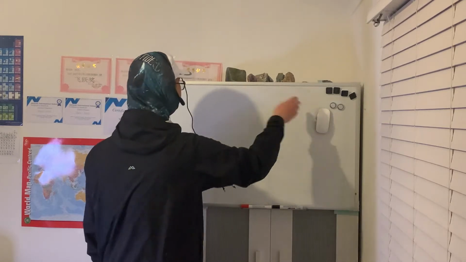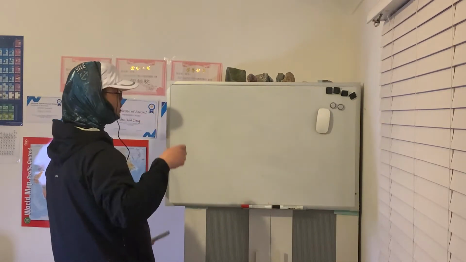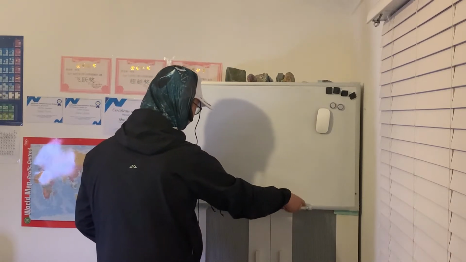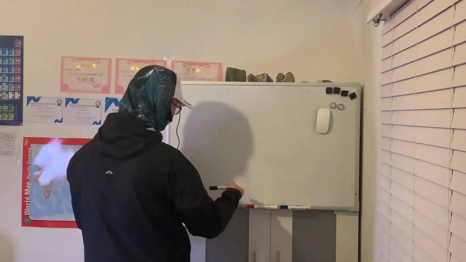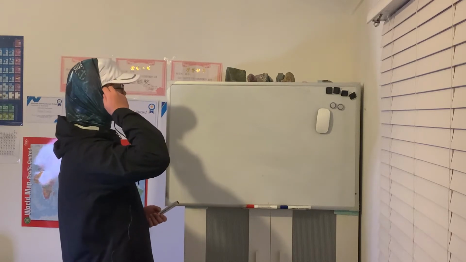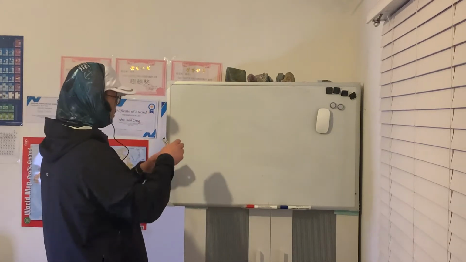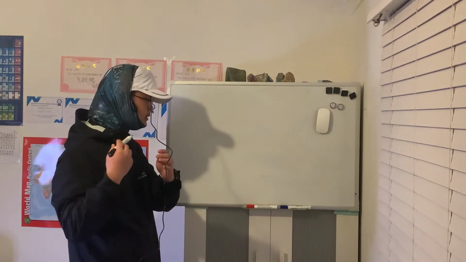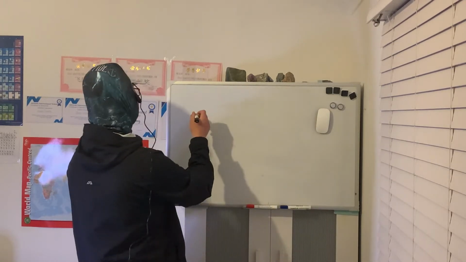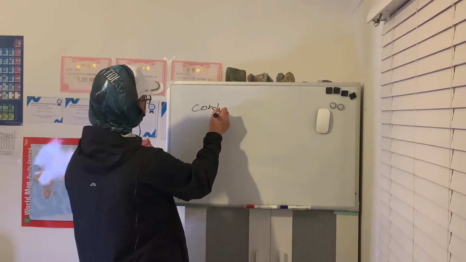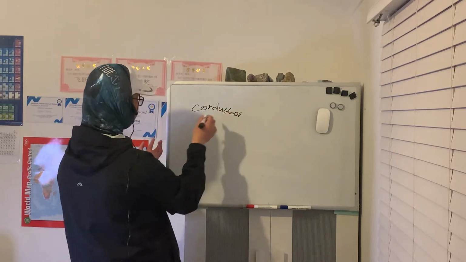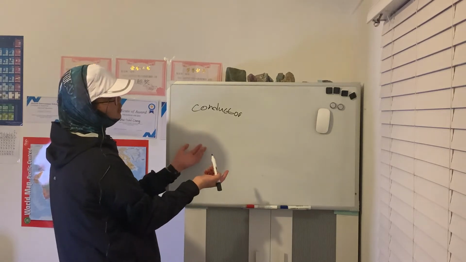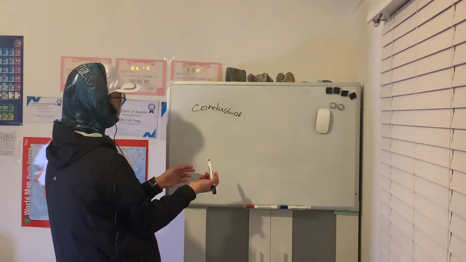Let's move to the next concept. Different materials have different levels of conducting electricity. If a material is pretty good at conducting electricity, it is called a conductor. Examples of conductors are iron, copper, almost all metals actually.